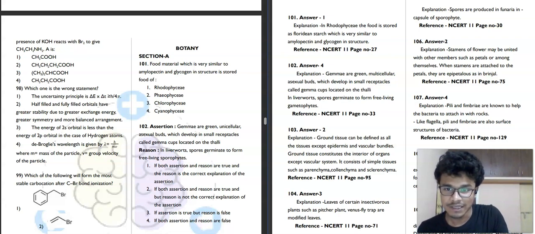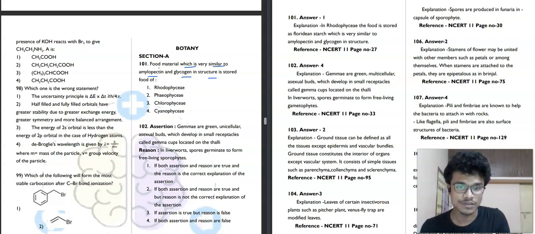The food material which is very similar to amylopectin and glycogen in structure is stored in which of these: Rhodophyceae, Phaeophyceae, Chlorophyceae, or Cyanophyceae? As we know, in Rhodophyceae the food is stored as Floridean starch, which is very similar to amylopectin and glycogen in structure.